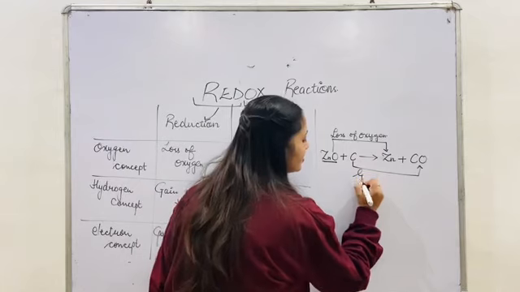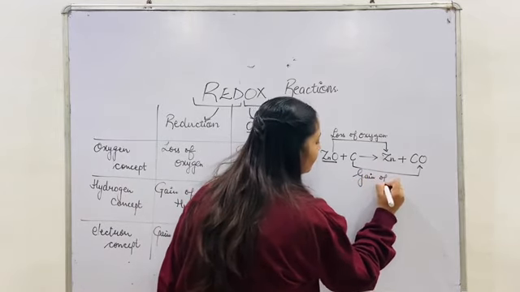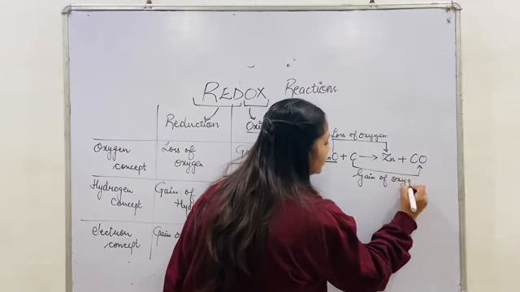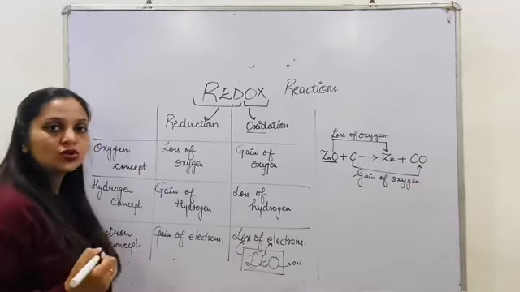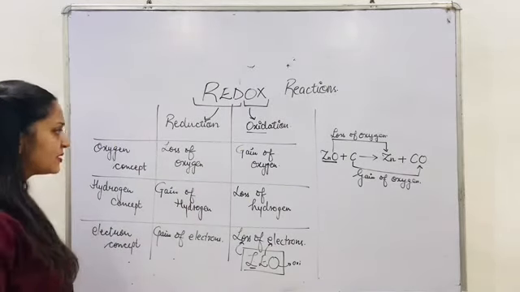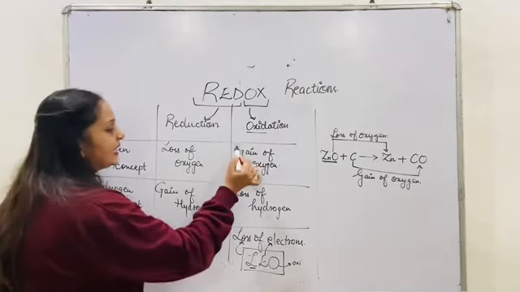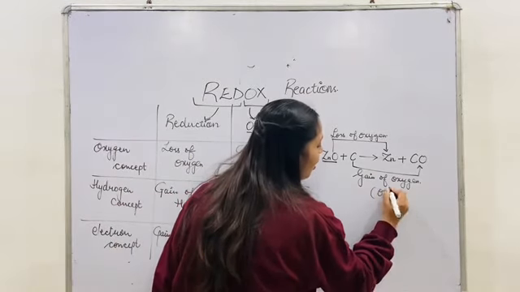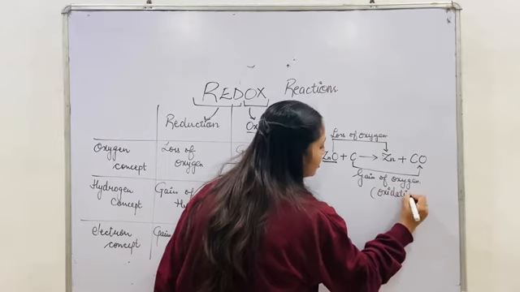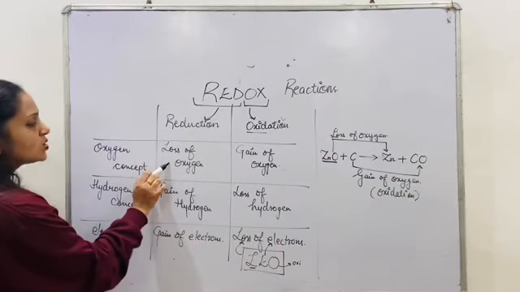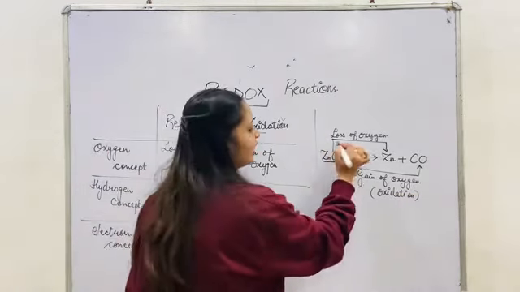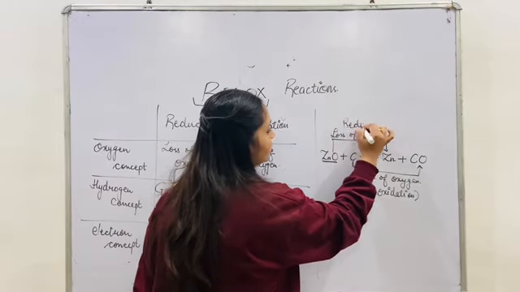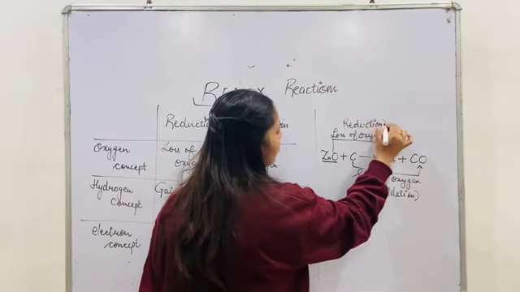Meaning there is gain of oxygen. So what does the oxygen concept state? Gain of oxygen is oxidation, so this is our oxidation reaction, while loss of oxygen is reduction, and this is our reduction reaction.